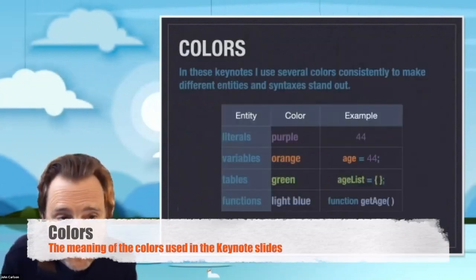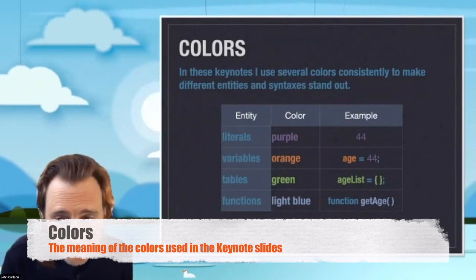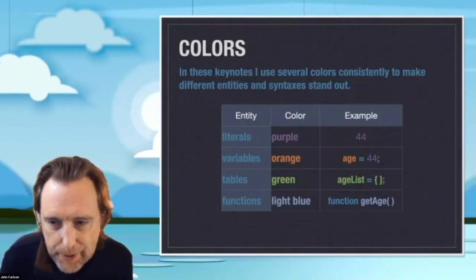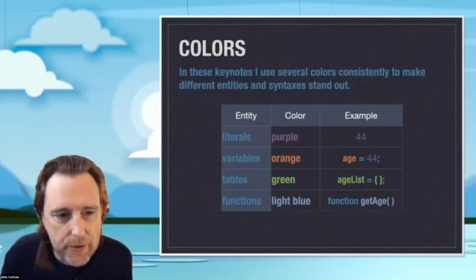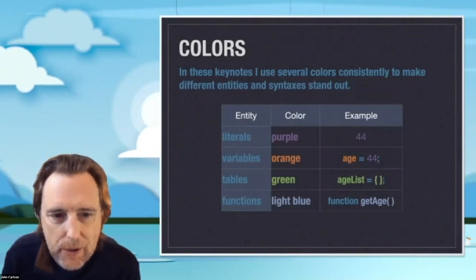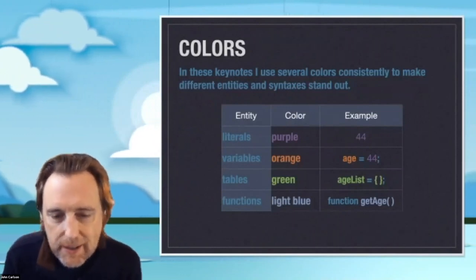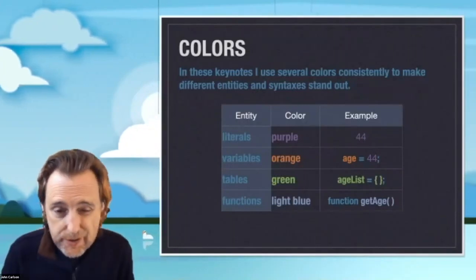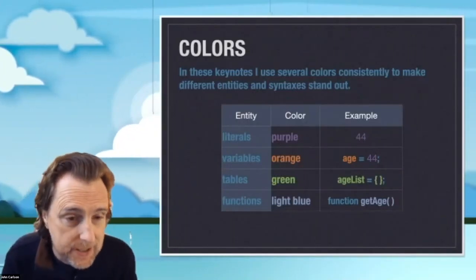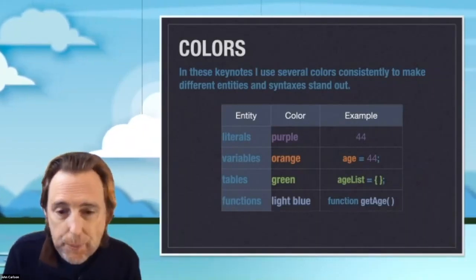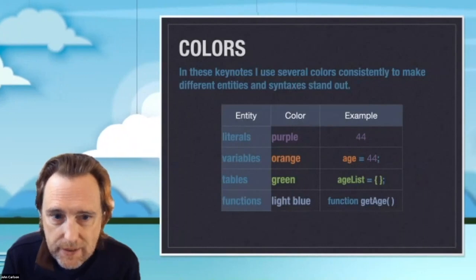I try to use in the keynotes a color coding system. And we haven't defined all of these things yet, but just in the back of your mind, know that there are colors that I am using to try to be consistent about highlighting different coding features with different colors. Once you get used to the colors, it in theory at least makes it easier to glance at code and pick up on what's going on more easily.